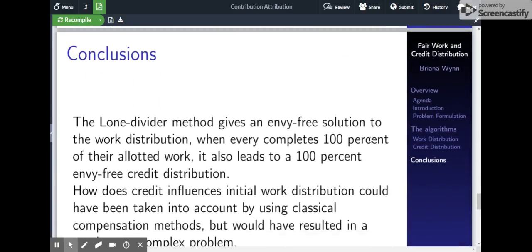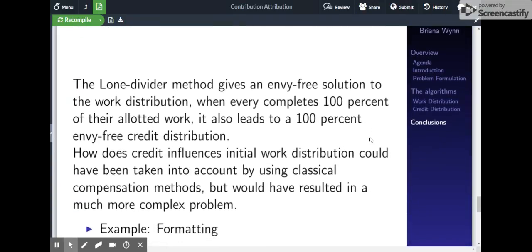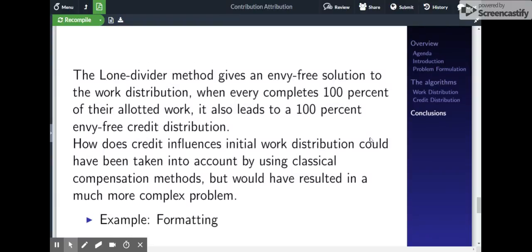So what are some of the conclusions? The lone divider method generally gives an envy-free solution to the work distribution, which means that the credit distribution will also be envy-free.